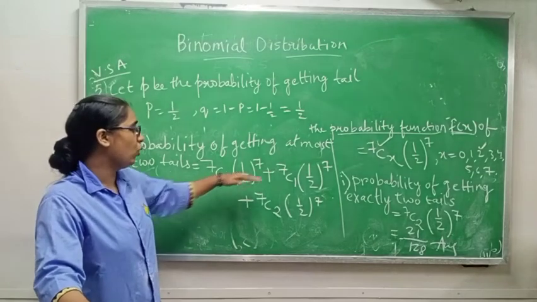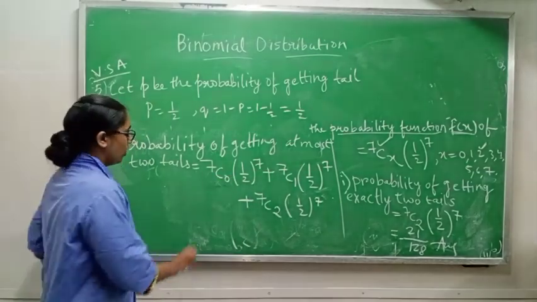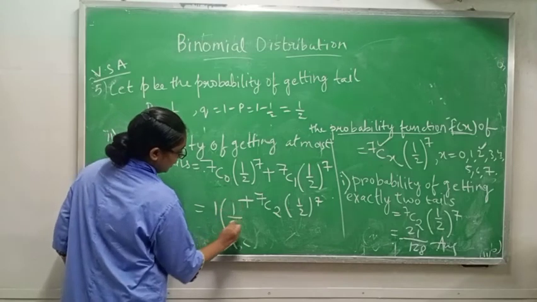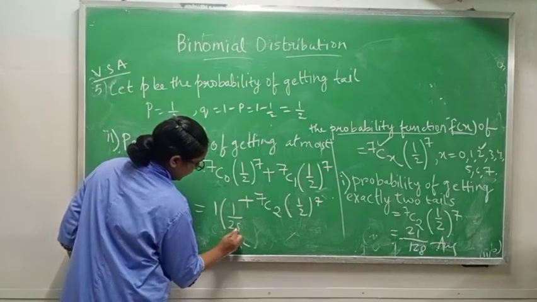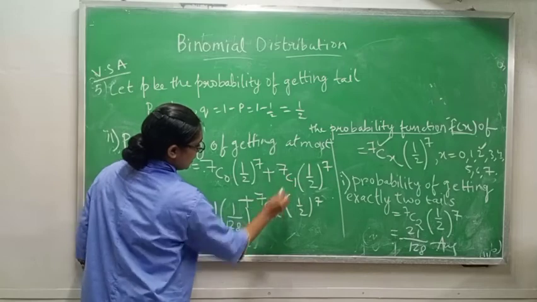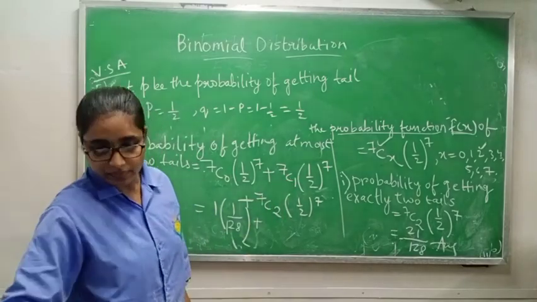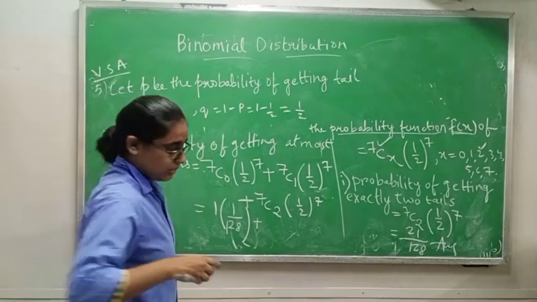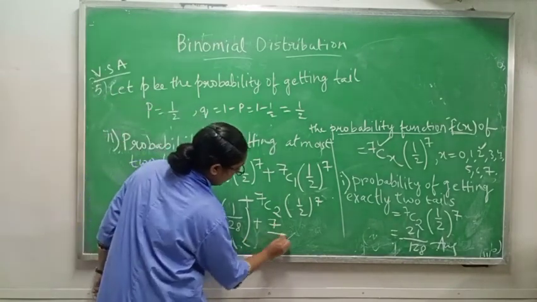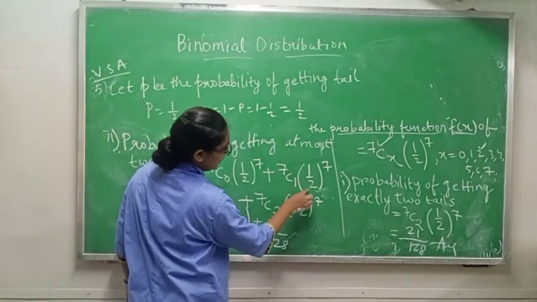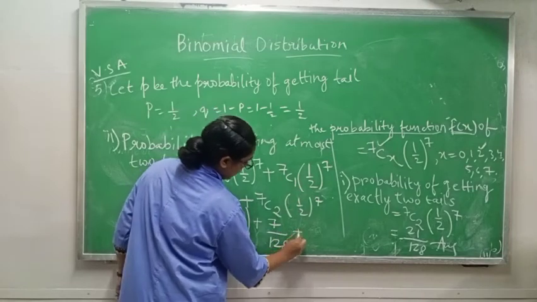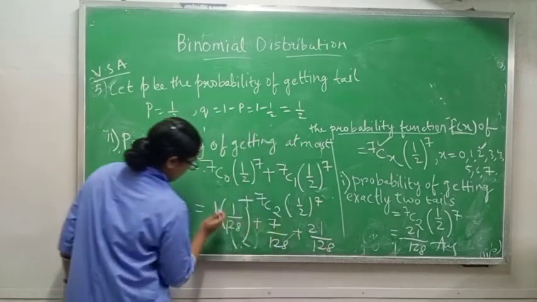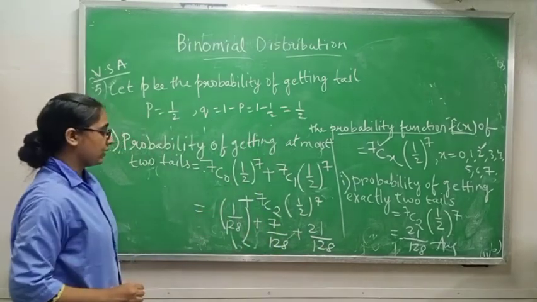Now the 7C0 value is 1, so 1 by 128. The 7C1 value is, use your calculator, I have done it already, I am getting 7, so 7 by 128. And the 7C2 value is 21 by 128.